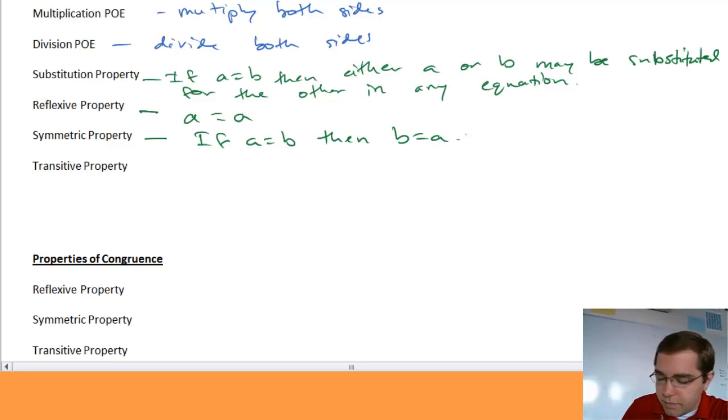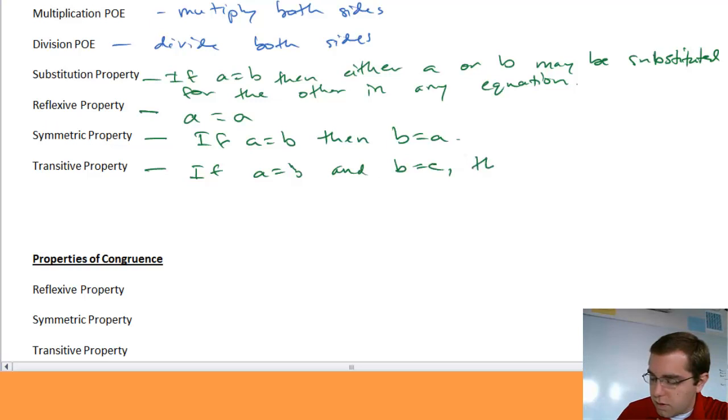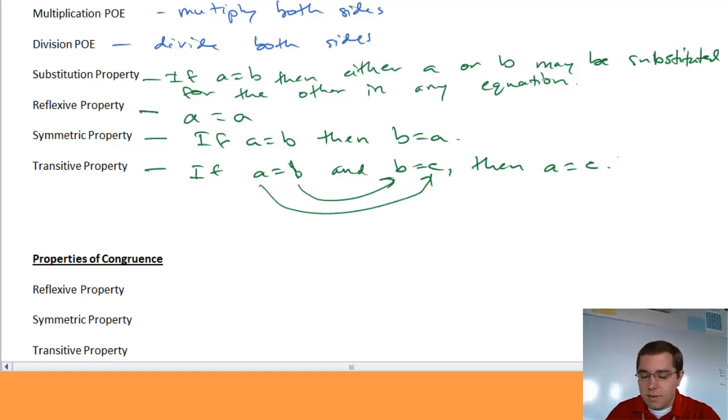The transitive property says if A equals B, and B equals C, then we have a chain of things. Since A equals B and B equals C, then it must be true that A equals C. Also pretty simple. A is the same as B and B is the same as C. That means A and C must be the same.